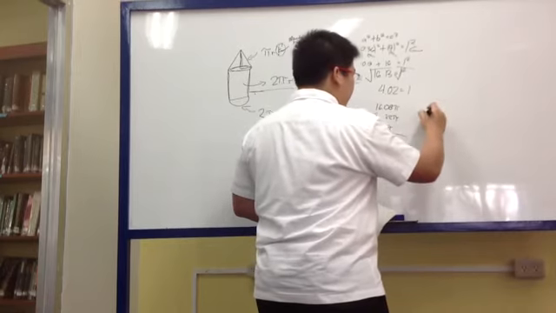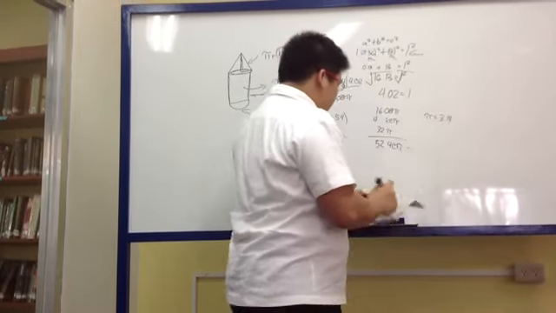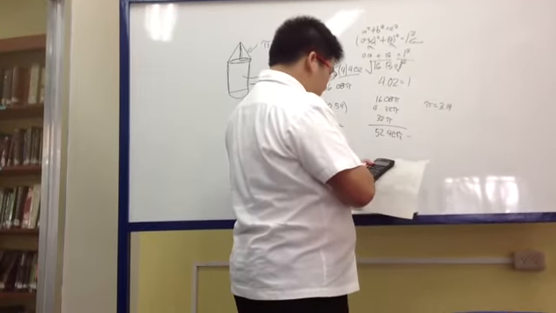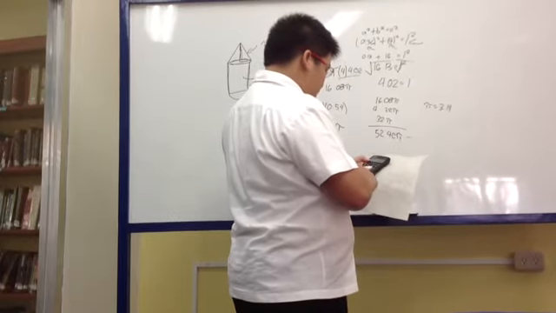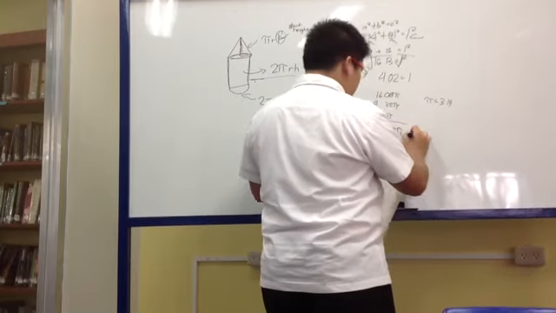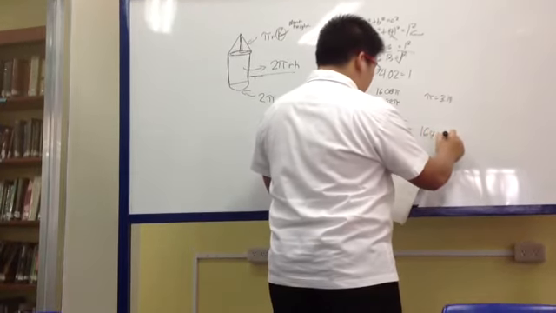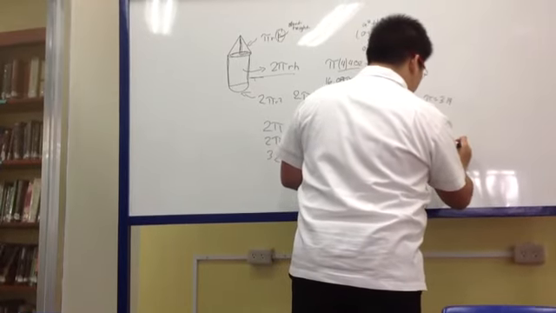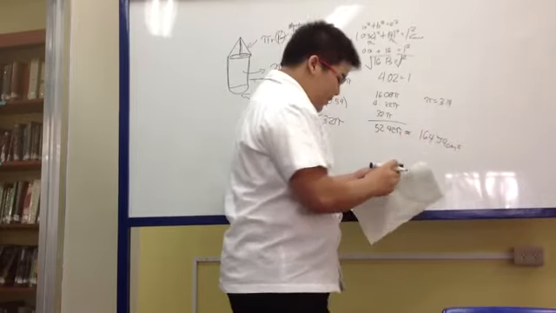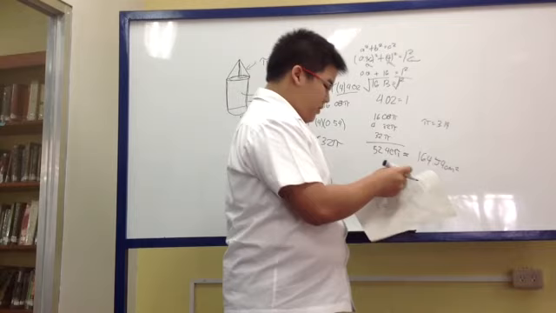Since pi equals 3.14, we multiply 52.40 by 3.14. The final answer is going to be 164.54 centimeters squared. That's only an estimate since we didn't take pi as a whole and we're just rounding off to the second decimal point.